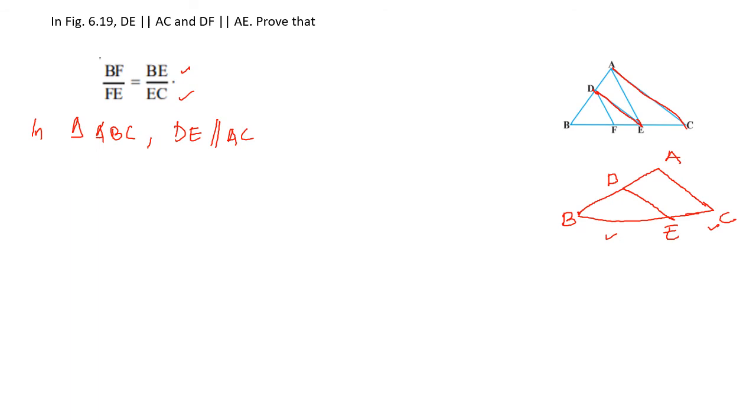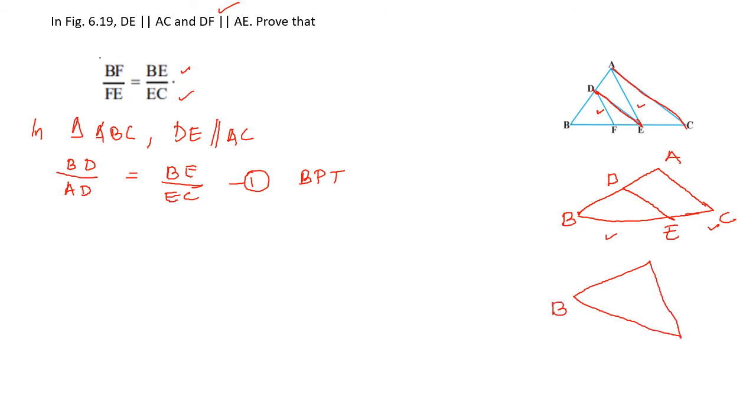It's the smaller sides that they've given. So we can write BD by AD is equal to BE by EC. That is the first one by BPT. Now the second one, they have given DF is parallel to AE. DF is this and AE is this. So we are going to draw the next triangle. That is, we have the triangle here.